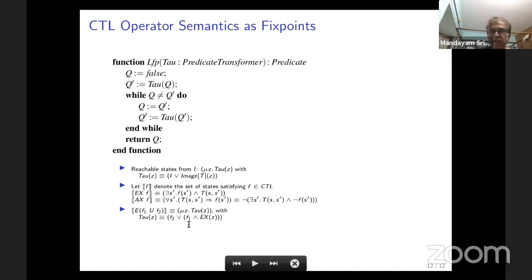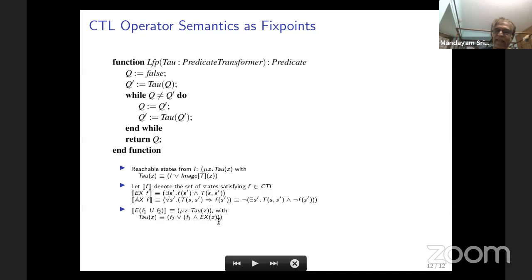So draw a picture. One exercise that you can do is draw a picture of this, to see what the states are, the sets in terms of concentric circles, where each circle denotes a set of states, with the smallest one denoting the set of states that satisfy F2.